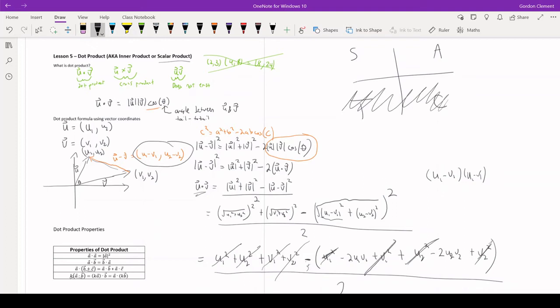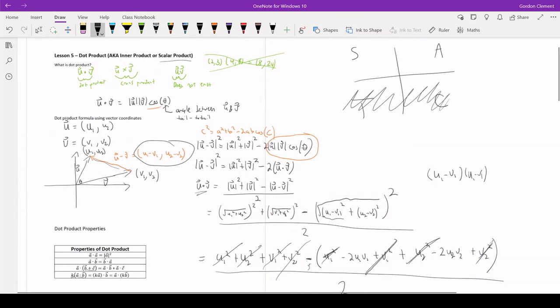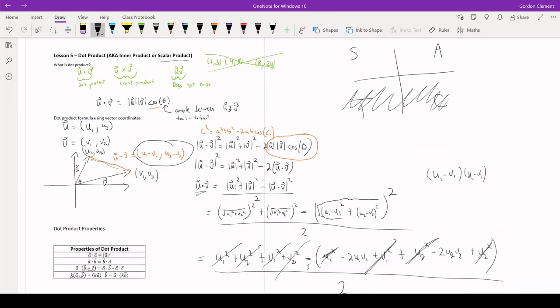So if the angle is between 0 and 90, cosine is positive, and so the dot product is positive. If the angle between them is bigger than 90 but smaller than 180, if it is obtuse, you'll fall into the second quadrant where cos is negative. And so since the magnitude is positive, cos is the only thing that can make it negative.